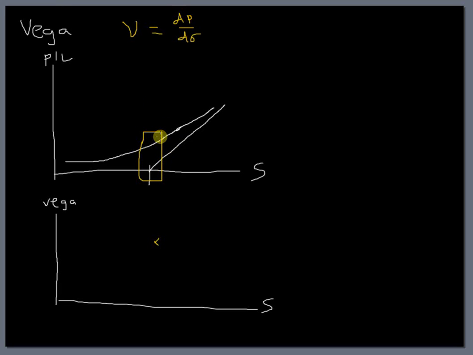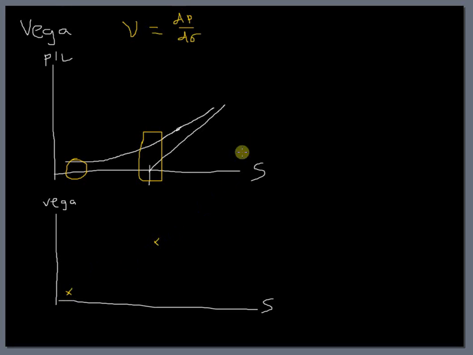Okay, imagine that you are at this point and the option is more or less worthless. Even if the price is very volatile here, the option is still worthless and eventually you will expire out of the money, unless there's super huge volatility that will move the price above K. So you can imagine that the vega at this point is really close to zero.